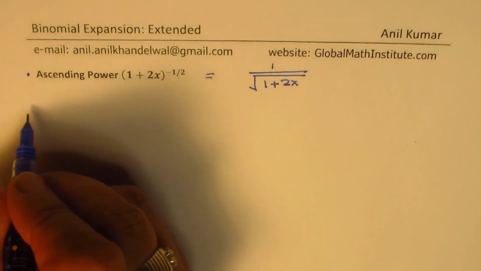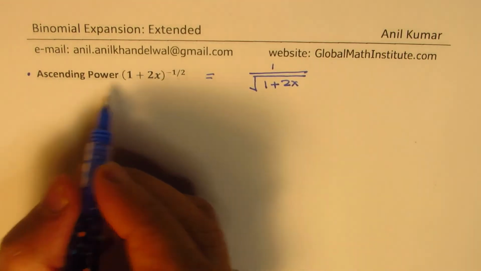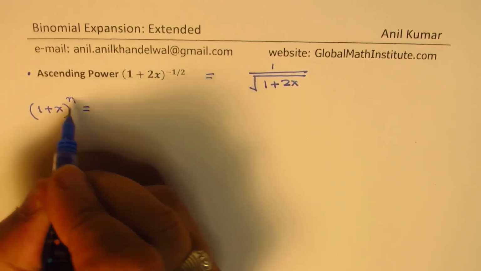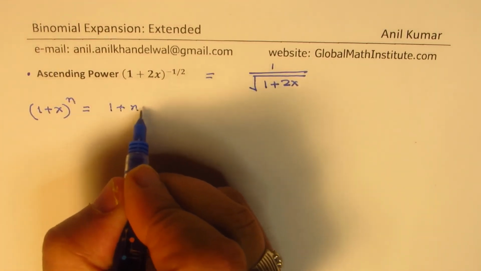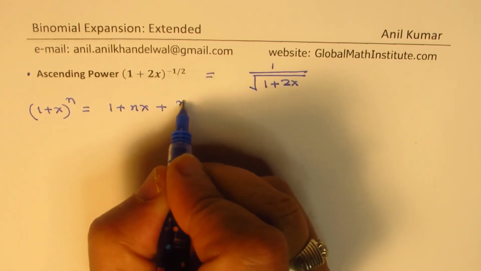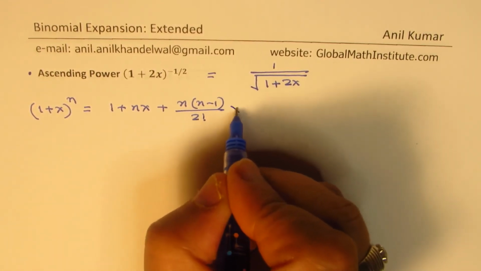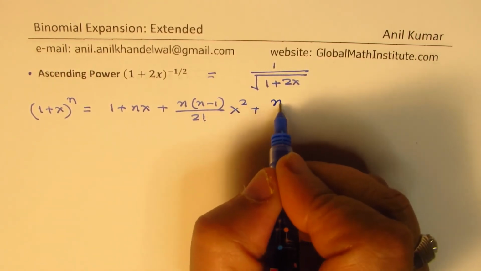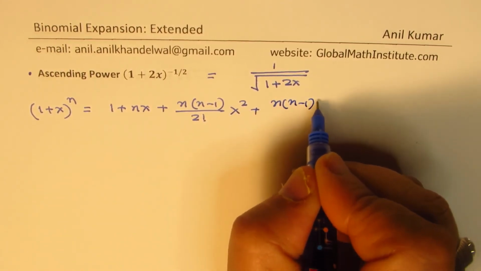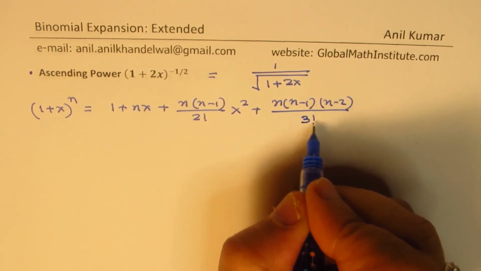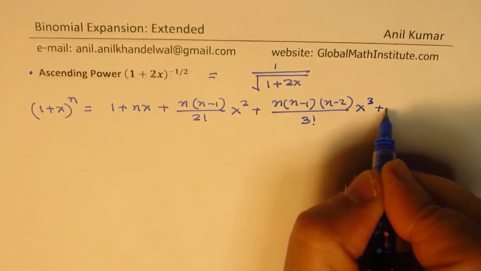So basically, we know the formula, which is 1 plus x to the power of n, can be written as 1 plus nx plus n times n minus 1 over 2 factorial x squared plus n times n minus 1 times n minus 2 over 3 factorial x cubed plus so on.